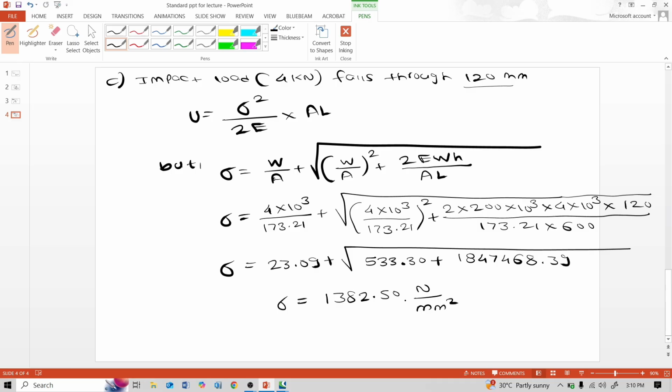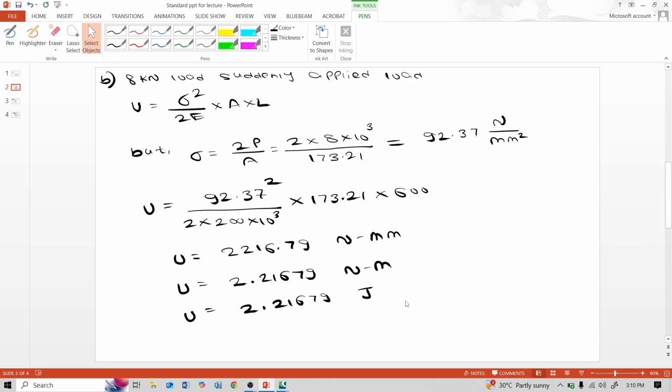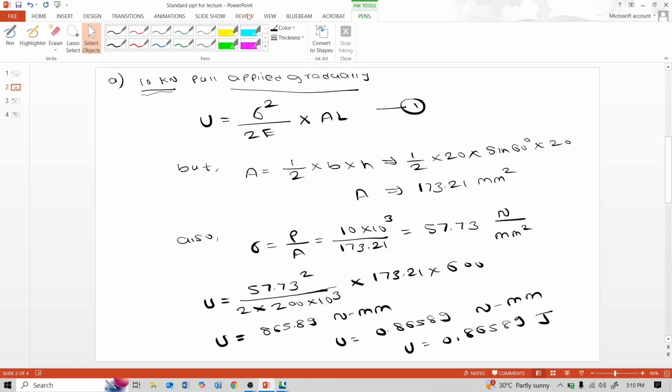See one difference between gradually applied load, suddenly applied load, and impact load. See, I will show you the difference. For gradually applied load, it is 10 kilonewton, and the stress is 57.73 Newton per mm square.